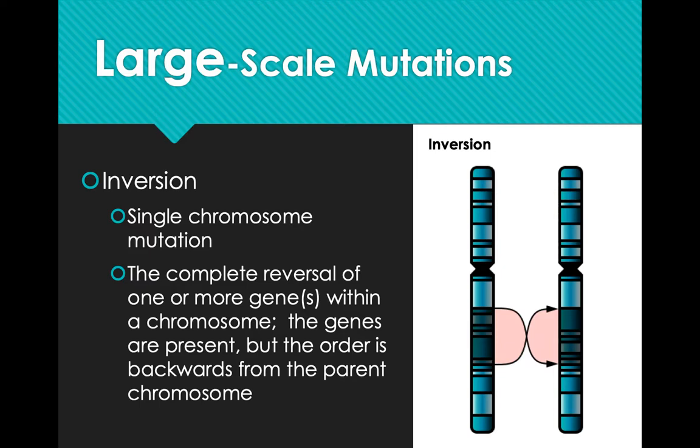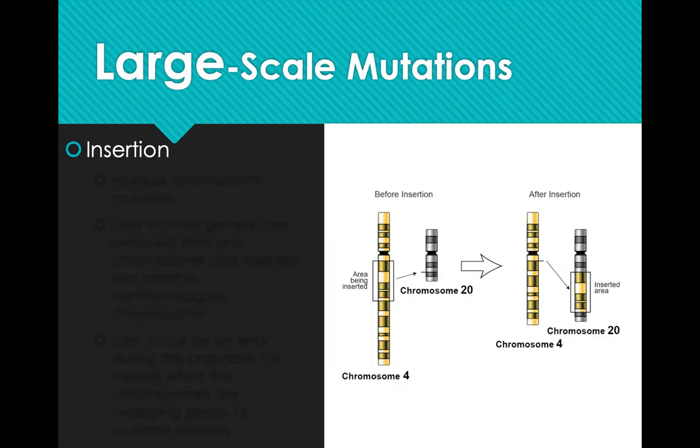In this case, we've swapped the section. So now, where I used to read 3 to 5, now it's going to read 5 to 3. And so, where we would make a complementary strand, that's also going to be inverted or backwards. And so, it's eventually going to alter our protein synthesis.